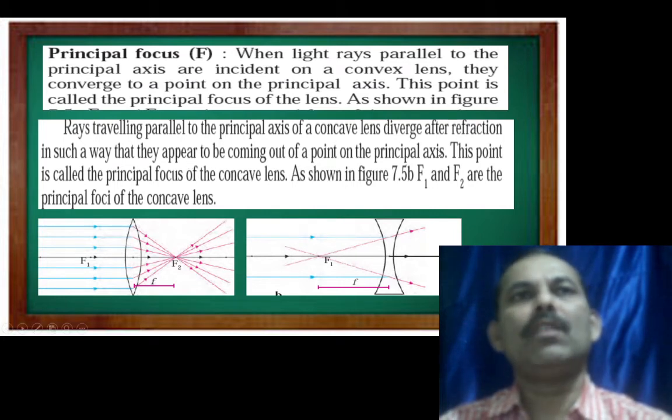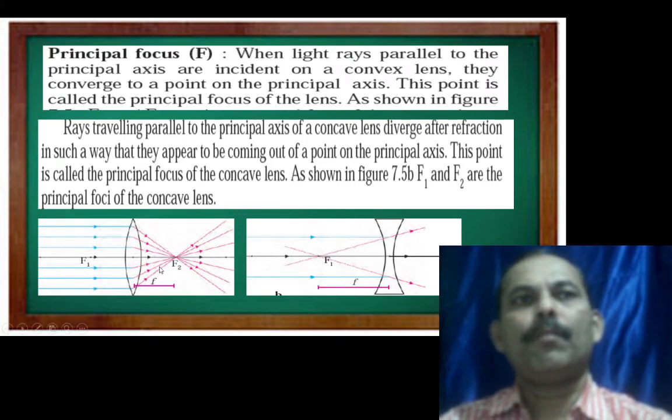Rays traveling parallel to the principal axis in a concave lens diverge after refraction in such a way that they appear to be coming out of a point on the principal axis. They appear to be coming from a single point on the principal axis. So this point is called the principal focus of the concave lens.